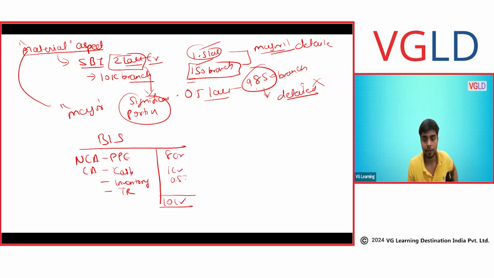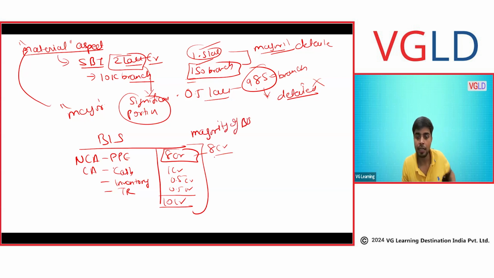This is 0.5 crore. This is 0.5 crore. Now tell me, if I'm able to check this item of 8 crore, can I say that I have checked the majority of the balance sheet? Or giving more detail, this 8 crore consists of 3 properties. Basically, let's say this 10 crore consists of 50 properties.